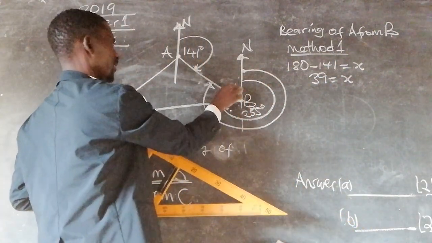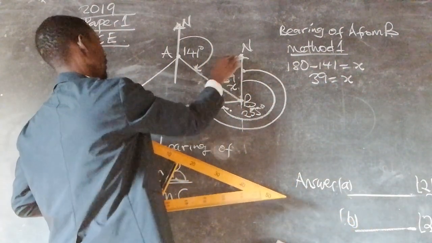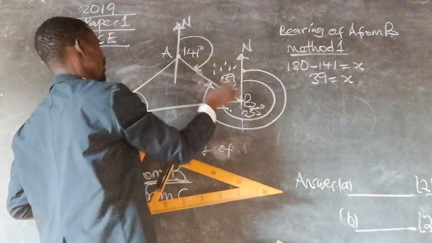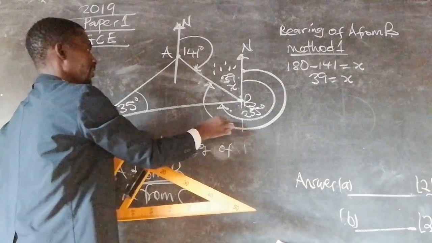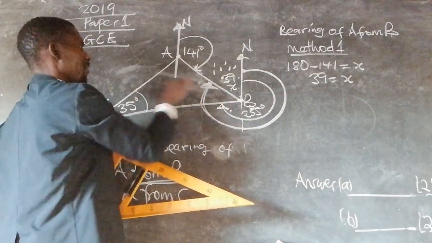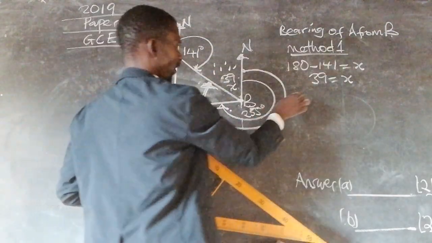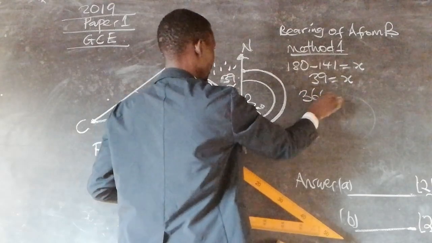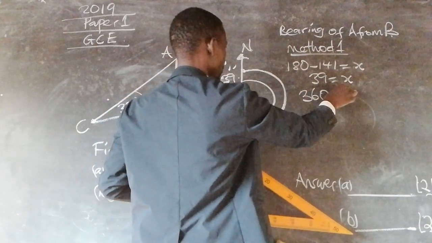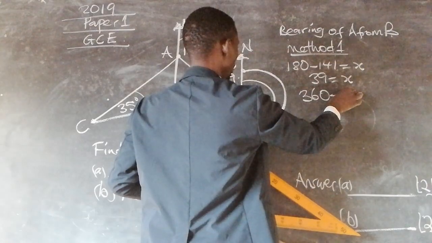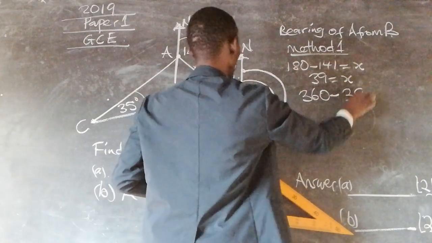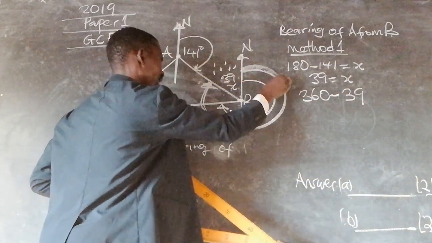So we have known that at x we have what? So this 39 is preventing this angle, which is the bearing of A from B, from becoming a revolution. Because of that, we are going to write 360 take away 39. Look at this amount of gap.